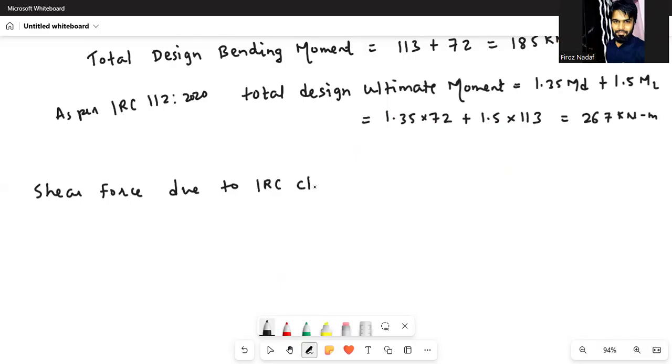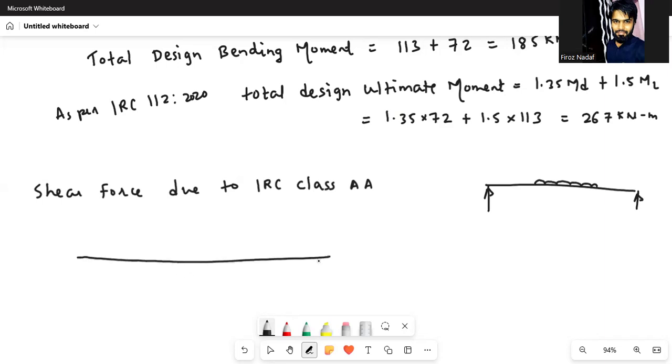In case of bending moment, you have put the load at the center. Why? Because you want maximum bending moment. But to get maximum shear, the UDL should be near to the support. So this is how you need to place the UDL.